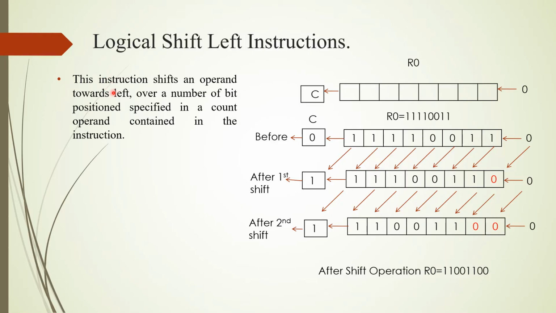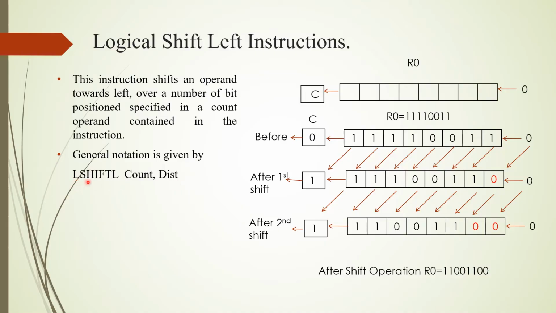Logical shift left instruction shifts an operand's content towards left over a number of bit positions specified in a count operand contained in the instruction. With a general notation, we can analyze. Consider the instruction LShiftL count, destination.